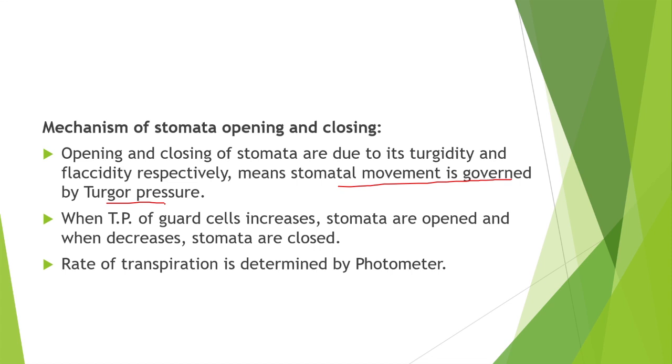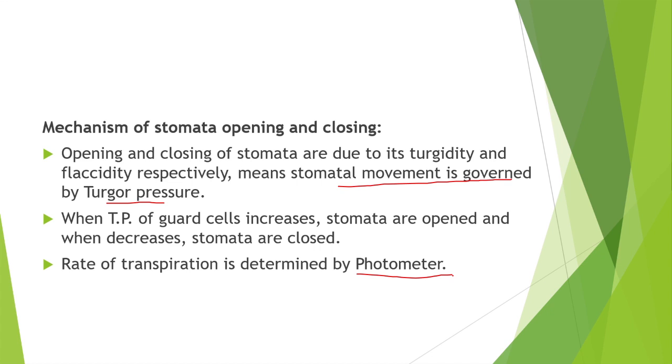When the turgor pressure of the guard cell increases, the stomata are opened, and when this pressure decreases, the stomata are closed. The rate of transpiration is determined by a photometer. Remember that root pressure is measured by a manometer and transpiration rate is measured by a photometer.